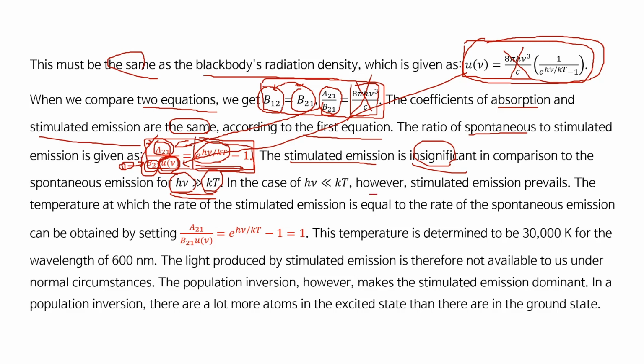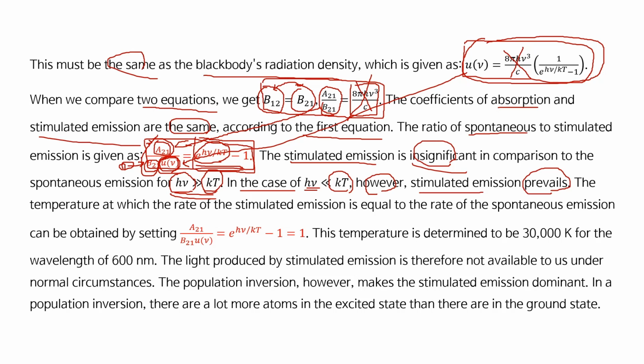On the other hand, in the case of kT much larger than h nu, so the high temperature case, the exponential value is very small. So that means that the numerator in the left hand side should be very large. So in that case, the stimulated emission prevails.